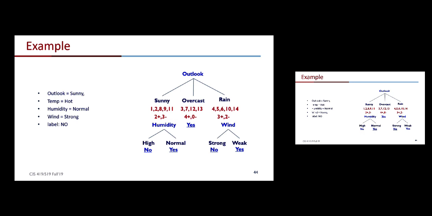This is how we evaluate the decision tree. Sunny, you go to your left. Then you check humidity, normal, and you think that you're done. But really, you would have said yes, but the label is no. So if this was the 15th example in your training set, you would have to modify the tree.